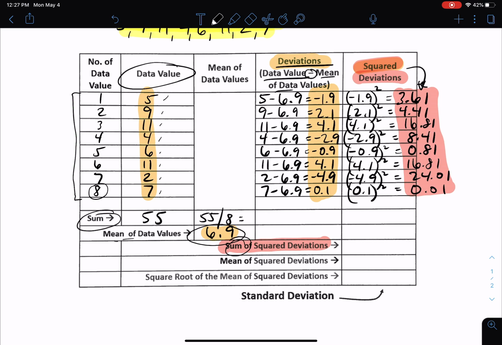So I'm just calculating it right now on my calculator. I get 74.88.